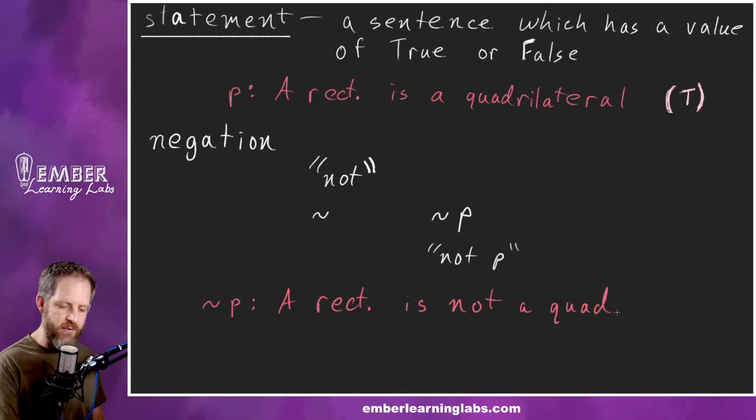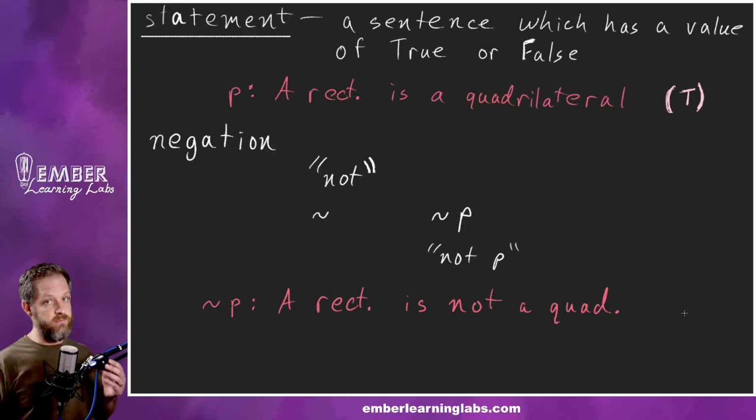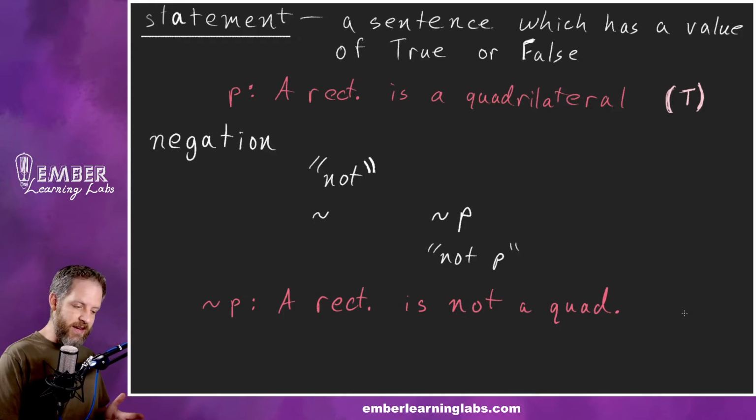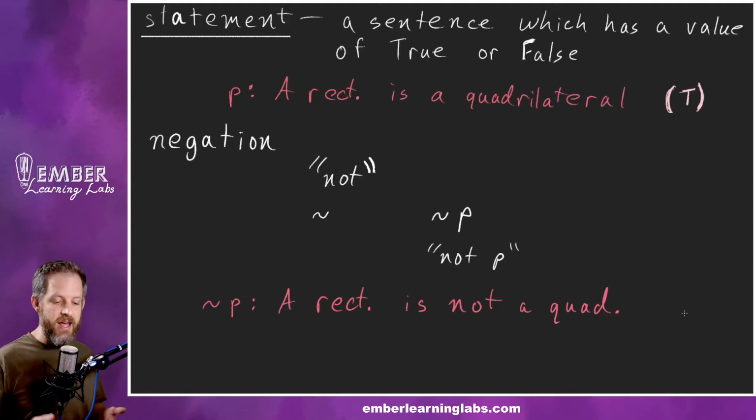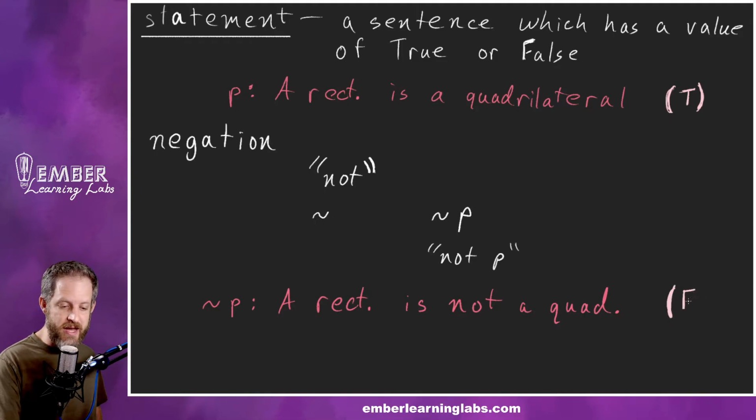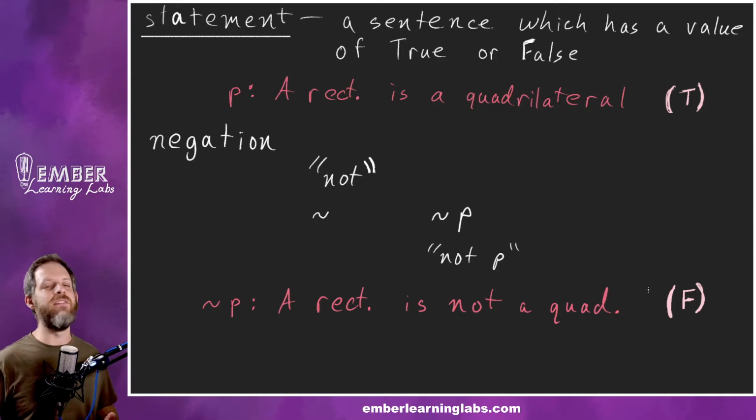In this case, and every case, the negation of a statement has the opposite truth value. So this is no exception. If we make the statement a rectangle is not a quadrilateral, then that has a value of false. Again, if we can find a counterexample, that would prove it false: showing a rectangle that is in fact a quadrilateral would disprove this statement.